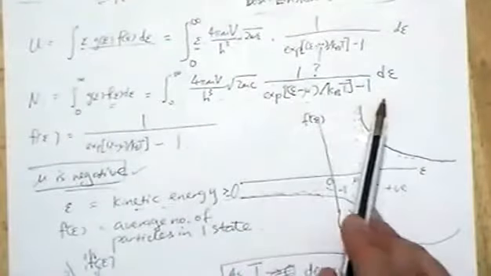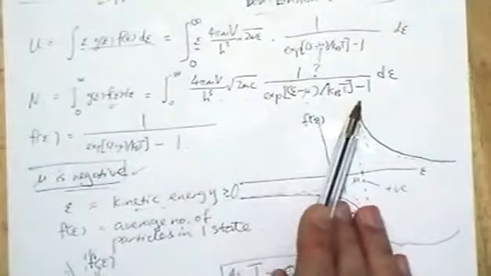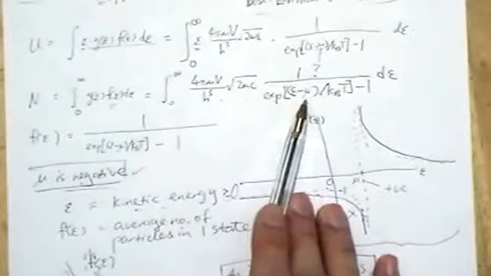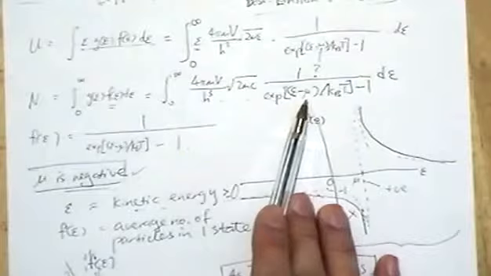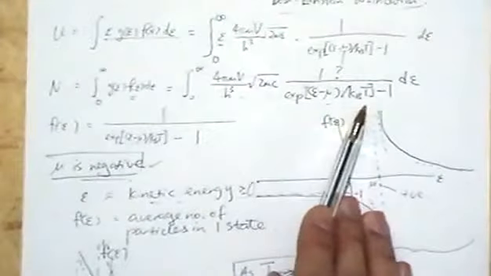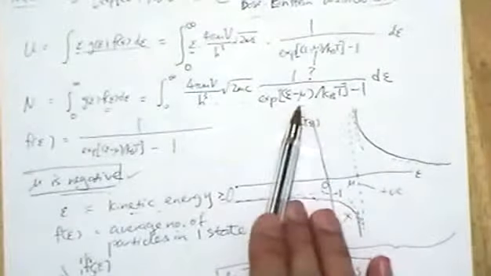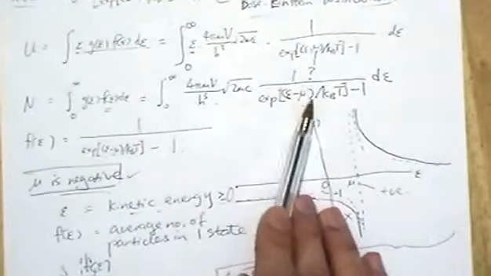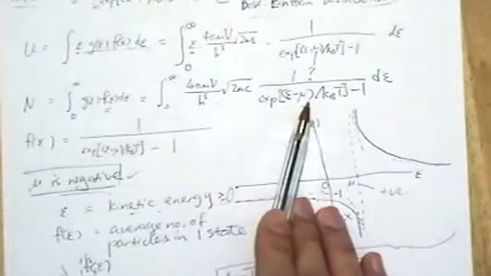Now if you look at this integral, remember that we had difficulty integrating it, not just because it's complicated, but also because we did not know mu. But now if we can assume that for very small temperature, mu is approximately 0, then we can cross out that unknown.